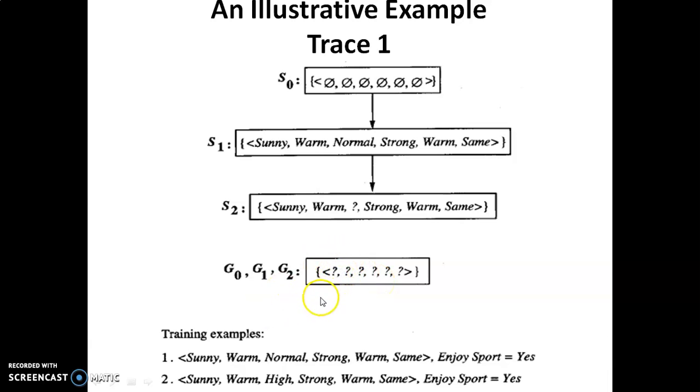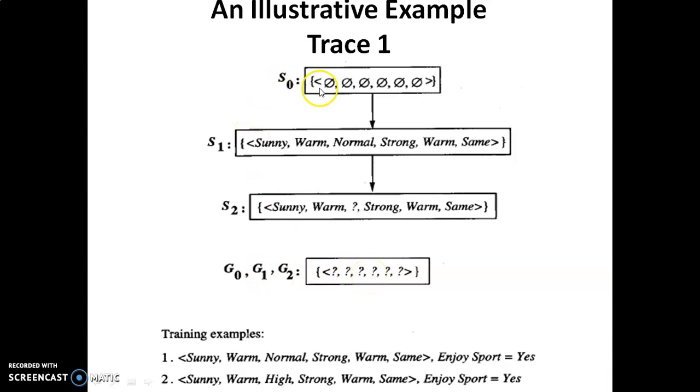Question mark means any value is acceptable here. So all these values are acceptable, in the sense that it will be considered a positive example. So it is consistent. It is not inconsistent. Since it accepts all values, it is consistent. So G1 will become the same.